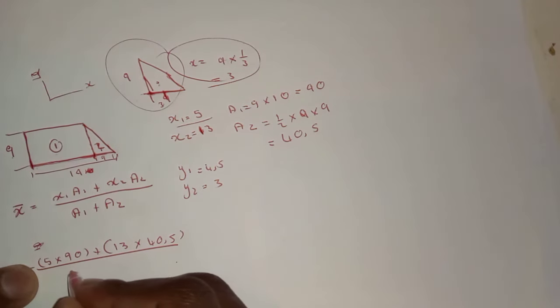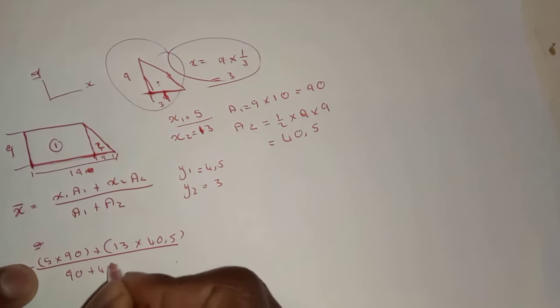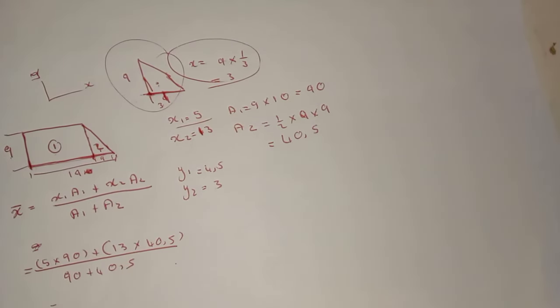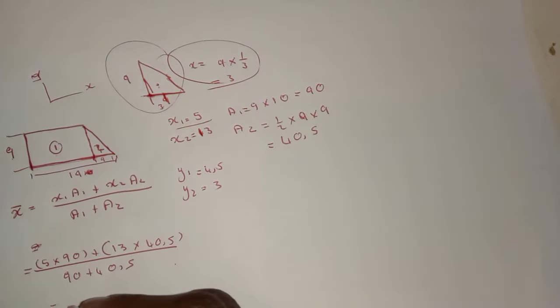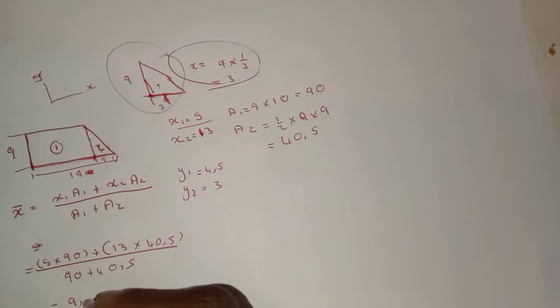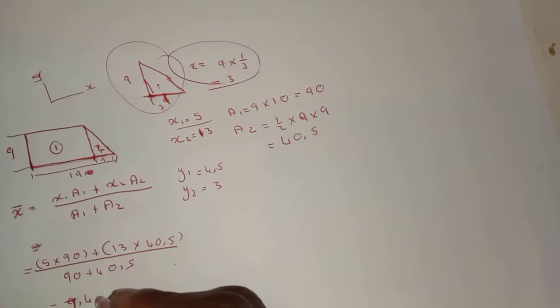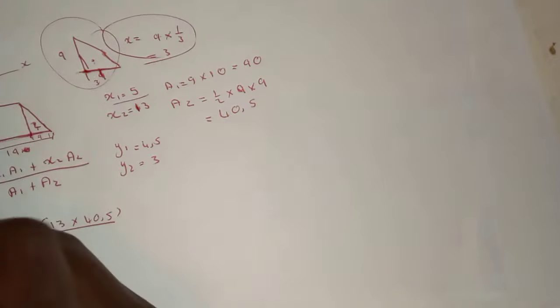The total area will be 90 plus 40.5, which will give us our x bar as 7.483. And then this is our x bar.